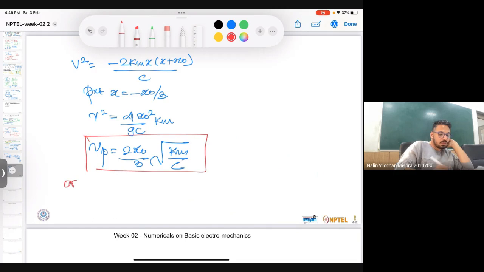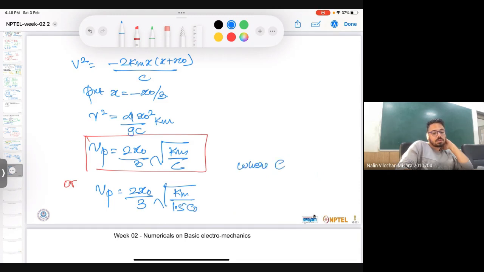Or you can write it as Vp equals 2x naught by 3 under root Km by 1.5 C naught, where C naught is basically the no bias capacitance.